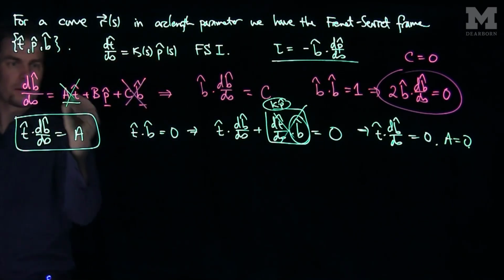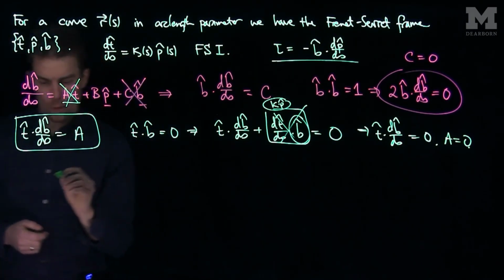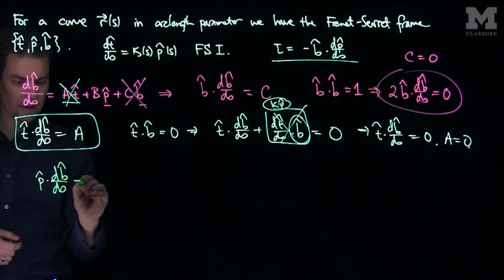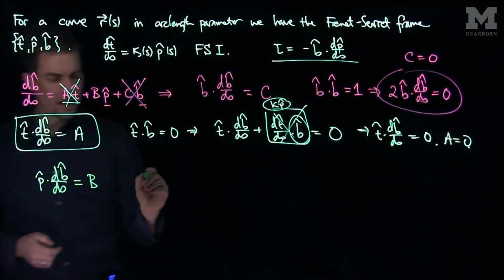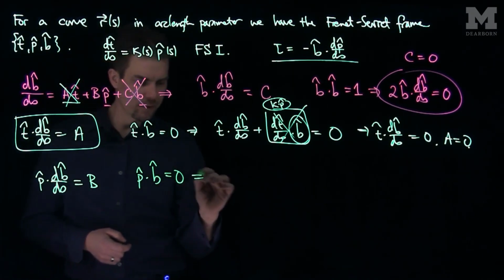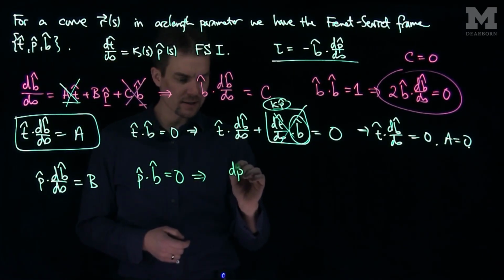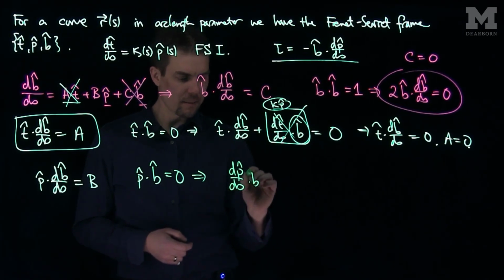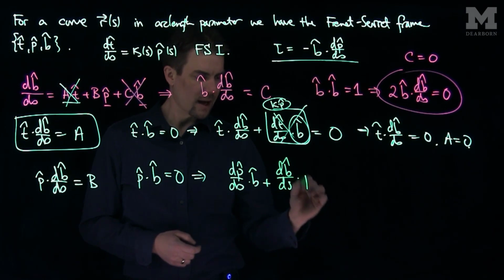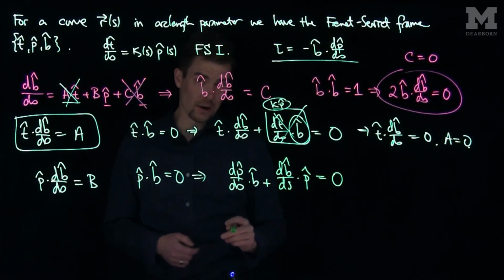So that's gone. And so finally, if we dot with p, we have that p dot dB ds is equal to the coefficient b. And we know that p dot b is equal to 0. So if we differentiate this, we'll have dP ds dot b hat plus dB ds dot p is equal to 0.